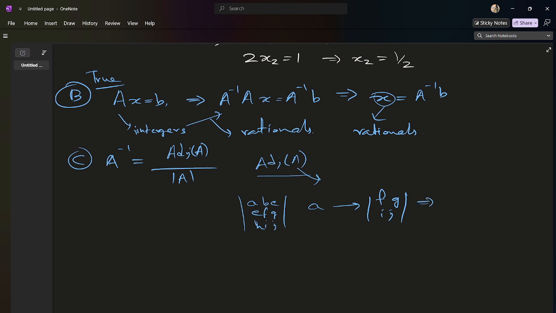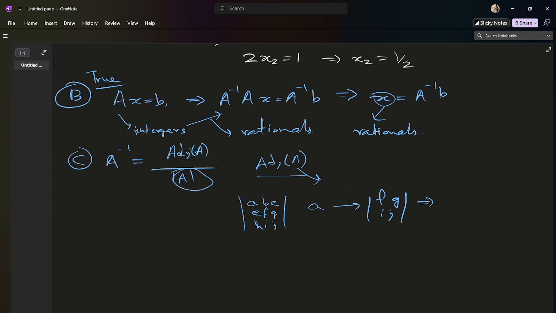So every entry of adjoint A, that means the cofactors, is an integer. So A inverse has all integer entries.